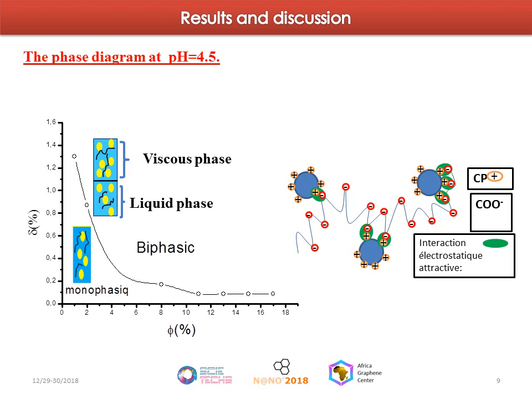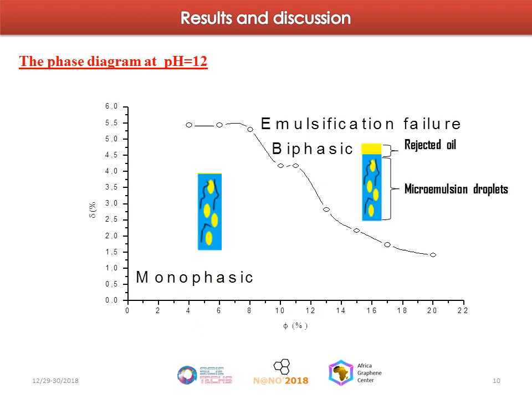So when the density of the charge increases, electrostatic bonds between the ionic surfactant and the carboxylic groups become possible. As described above, the repulsive interaction is progressively wiped out and replaced by an attractive interaction leading to the observed phase separation.